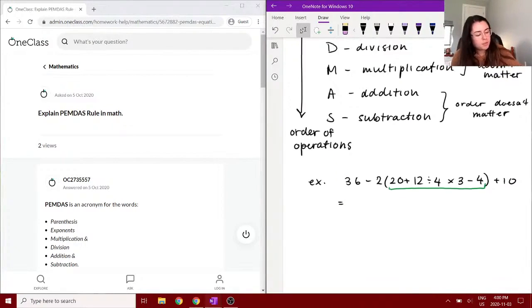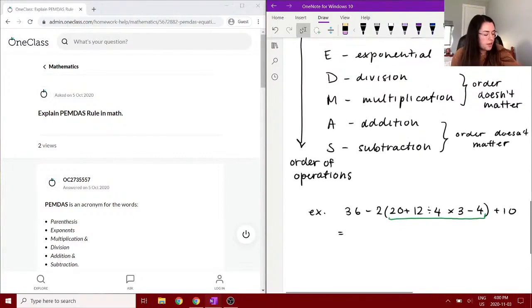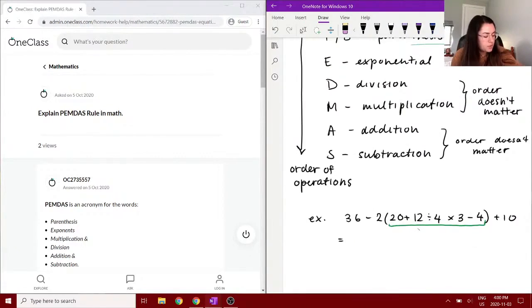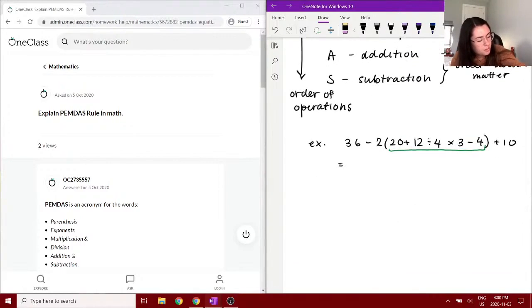Next, going from left to right, because that's how we normally read it, we have 20 plus 12 divided by 4. Well, we see up here that division comes before addition, right? So that means we're going to work on the 12 divided by 4 before we do the addition.